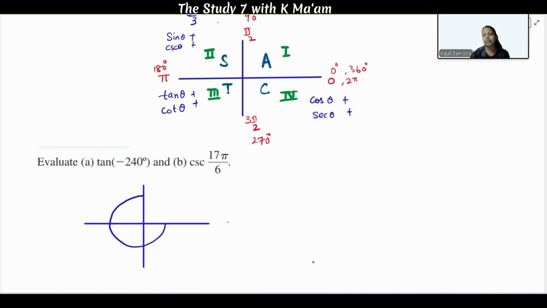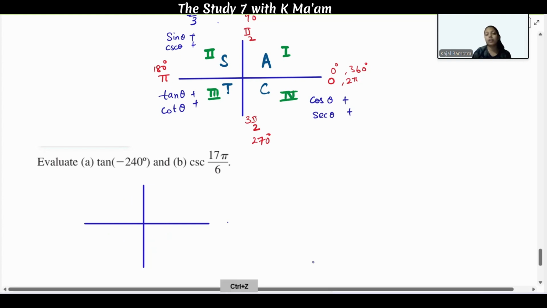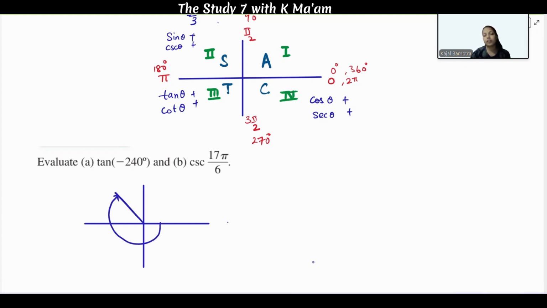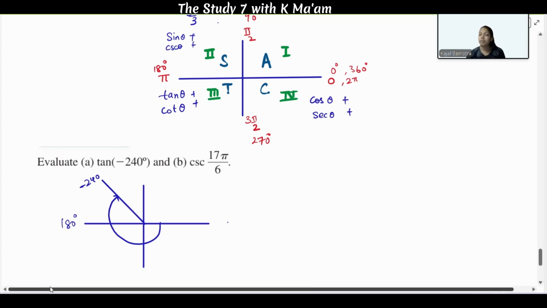Here is negative 270, but I want 240. That means it is less than 270. So it's here, in the second quadrant. Negative 240, and this is 180. You can check the difference between them. It's a difference of 60. So 60 degrees is the reference angle.